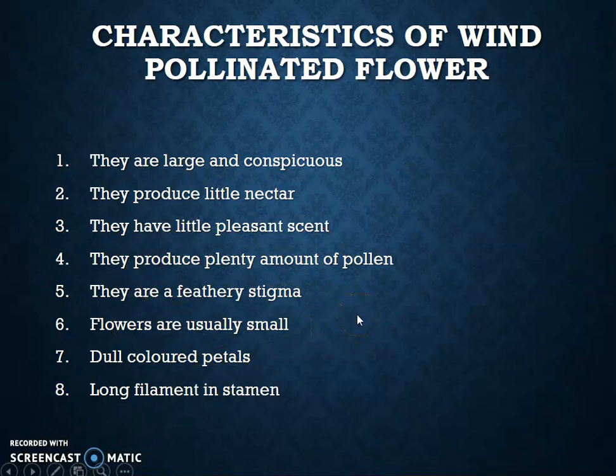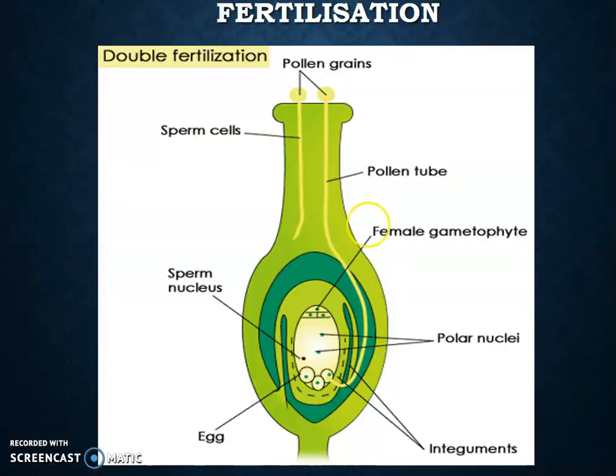Now, after pollination has occurred, what happens to the pollen grain? Let's see. It goes through a process we call fertilization. And fertilization simply means the process by which the male sex cell fuses with the female sex cell to form a zygote. So what happens is that once the pollen grain falls on the stigma, it absorbs water, then it breaks and develops a tube which grows through the style and then all the way into the ovary to the ovule.